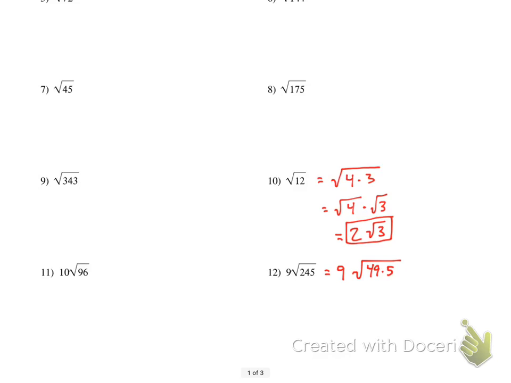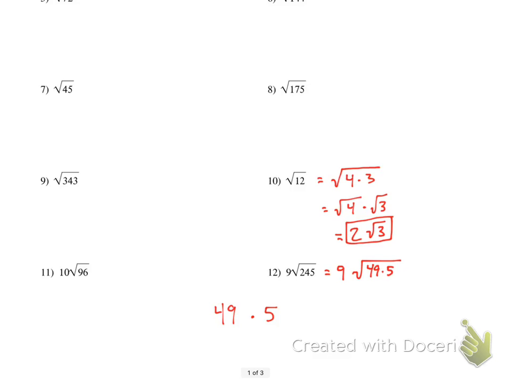Mathematically, if you want to understand what's happening, when you have 49 as a perfect square times 5 that's left over, you have to look at what's left over, the other factor, and ask: are there still factors of that number that I could pull out?